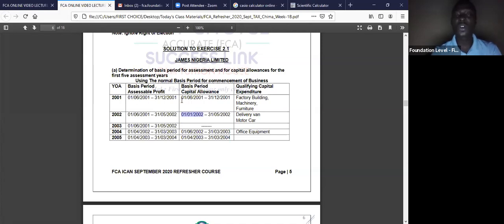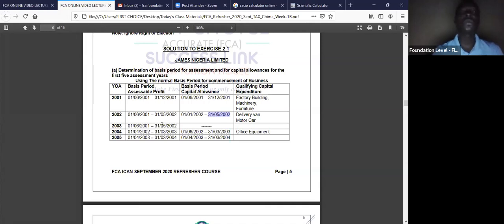We are still considering this basis period from here to here, but because we have an overlap, we don't want to treat the initial allowance 2 times. So for initial allowance purposes, we're taking January 1, 2002 and it ends where this one ends. You end it at the same date. So you see, this has taken care of the overlap.